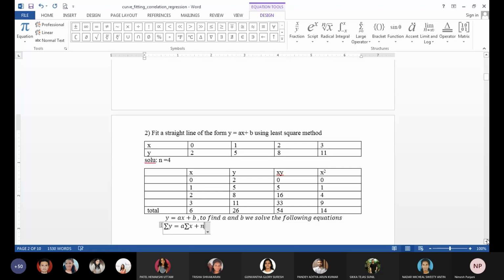Again, as we had discussed earlier, every time write down the formulas which you are using. The two equations which we get.